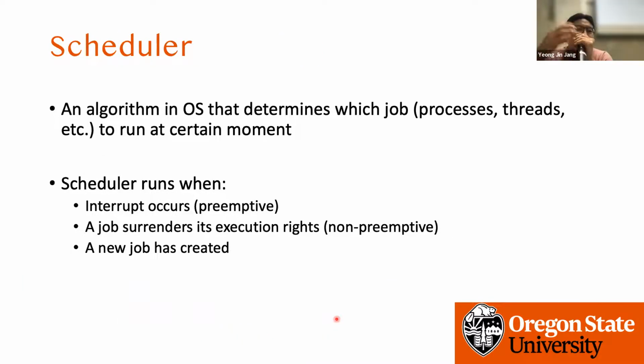As I told you before, the scheduler is just an algorithm. Simply, it chooses which process to run next. That's it. This kind of scheduler runs when an interrupt happens. The interrupt means that we need to interact with the hardware, or we need to wait for some operation other than the CPU.